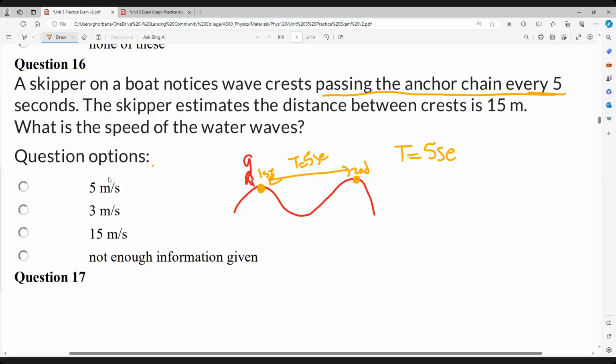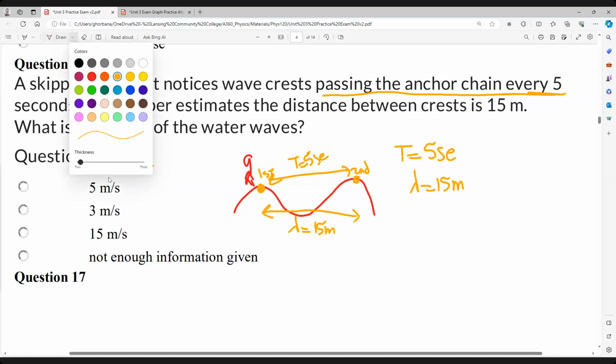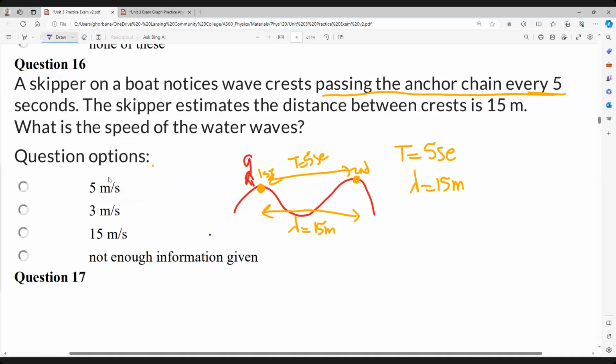So the skipper estimates the distance between these two crests, and we have a lambda as well. Lambda is 15 meters. So what is the velocity? The velocity is frequency times lambda.